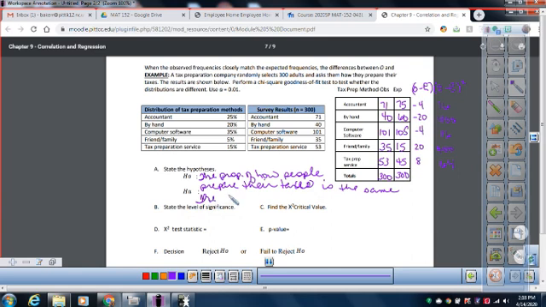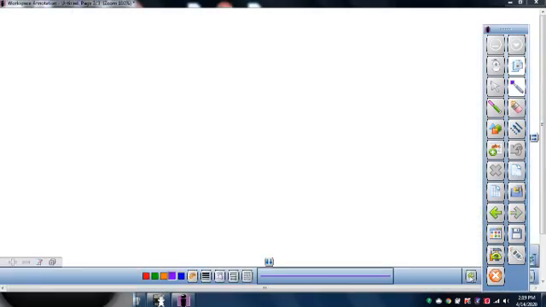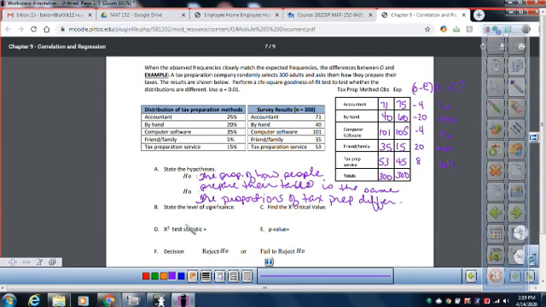Or your alternative, the proportions of tax prep differ. My level of significance is 0.01.